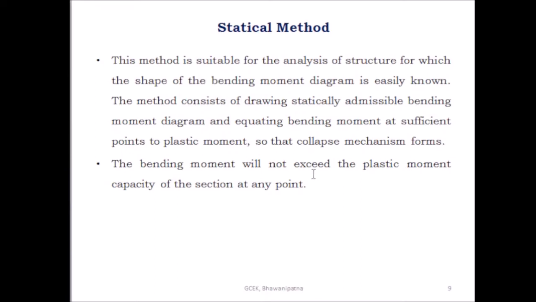The bending moment will not exceed the plastic moment capacity of the section at any point. In this method, first you have to find out the bending moment, equate the bending moment with the plastic moment, then find out the collapse load. But in this case, the bending moment will not exceed the plastic moment capacity of the section at any point.